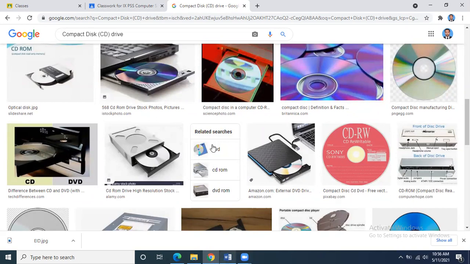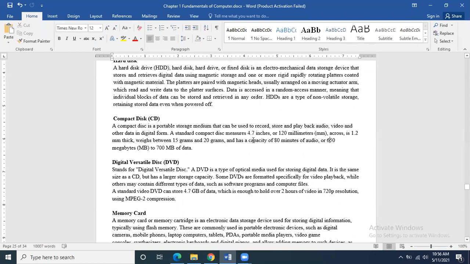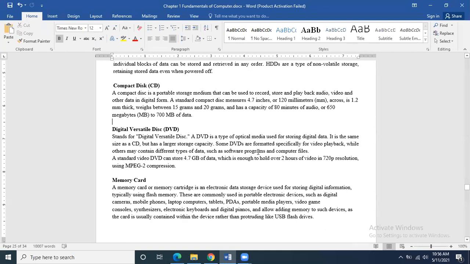CDs are available normally in 700 MB. What would be the size of the storage for the CD? It would be 700 MB, and it measures 4.7 inches, meaning its width would be 4.7 inches. So these are the statistics about compact discs.